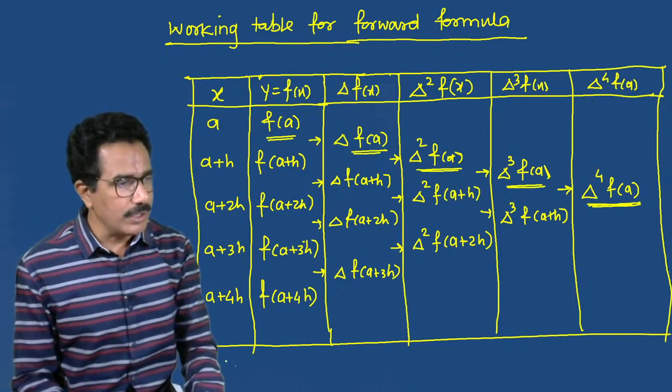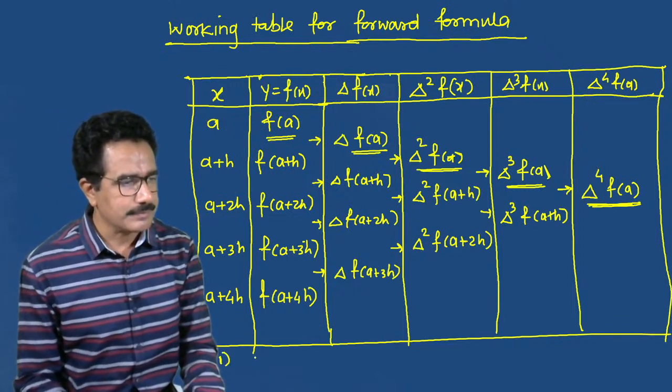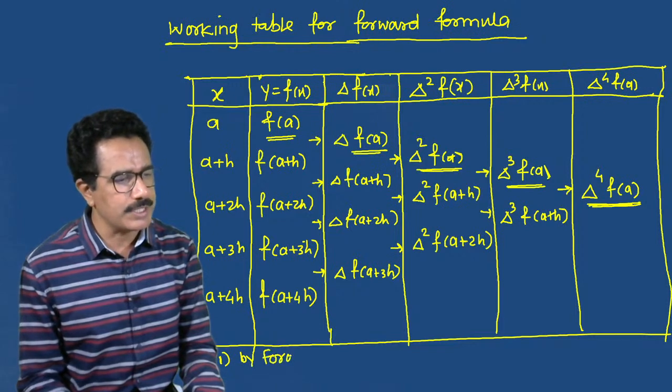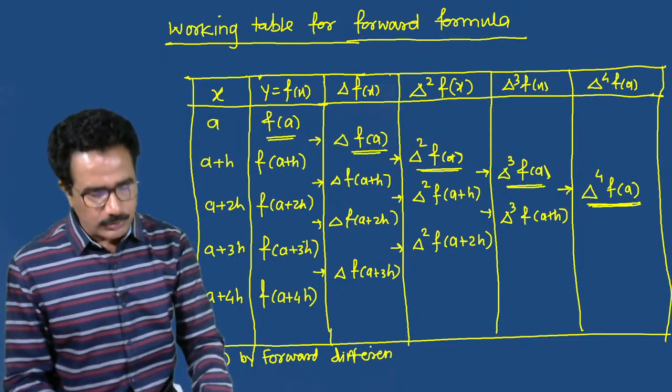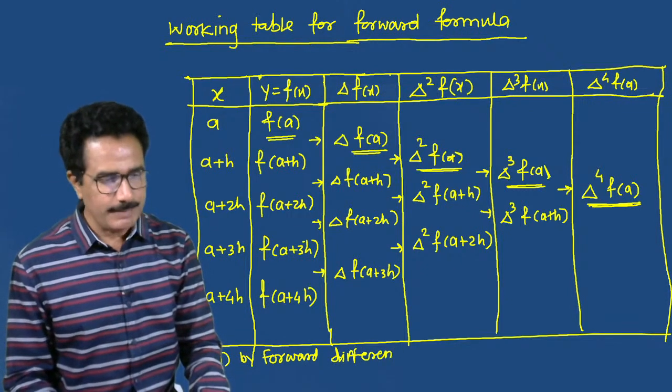So we can note, number 1, by forward difference table. मी खाली लिहितो, नोट खाली लिहितो रे, समजा.